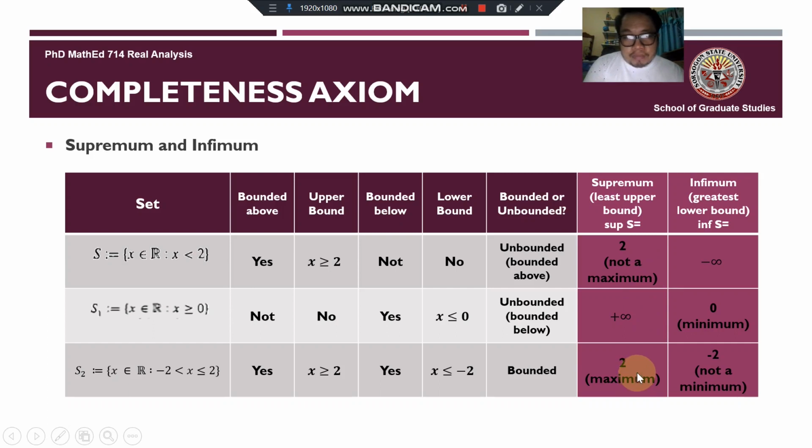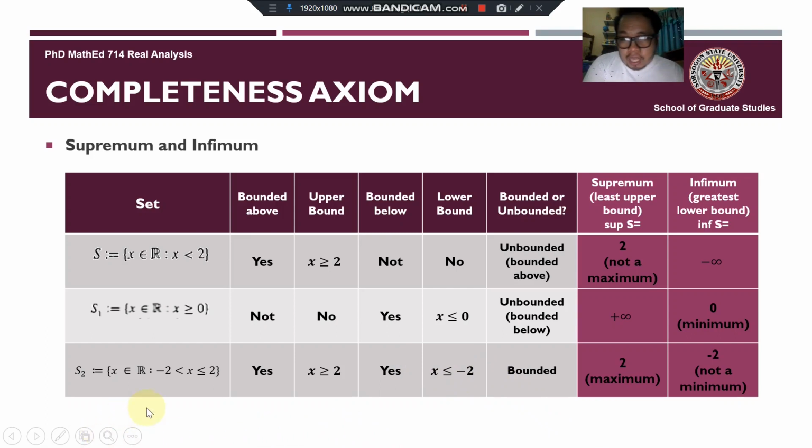Here for S sub 3, since 2 is included as an element of the set, this is the maximum of set S. What about its infimum? Obviously, that is negative 2, characterized as the greatest lower bound of set S. But this is not a minimum. Why?